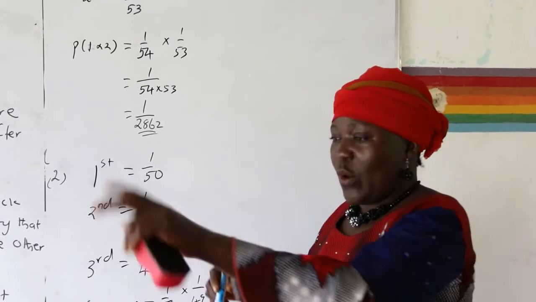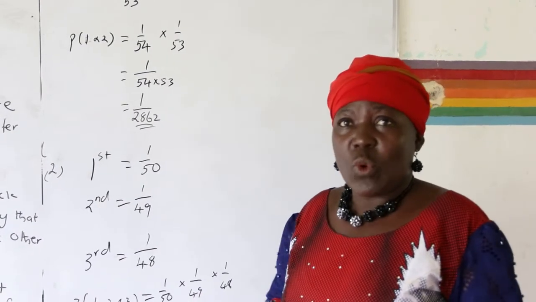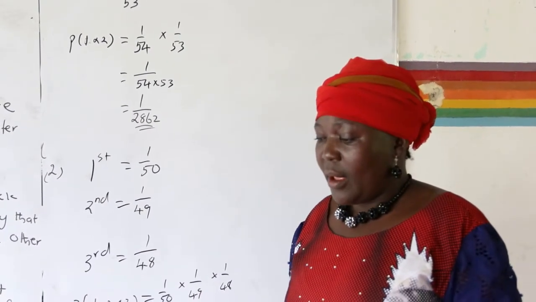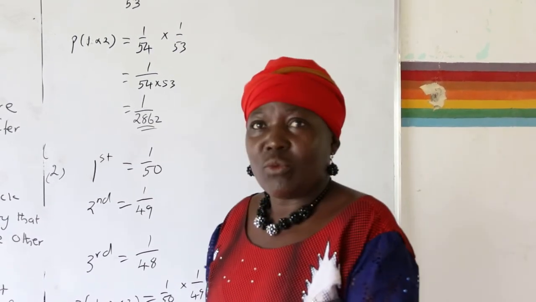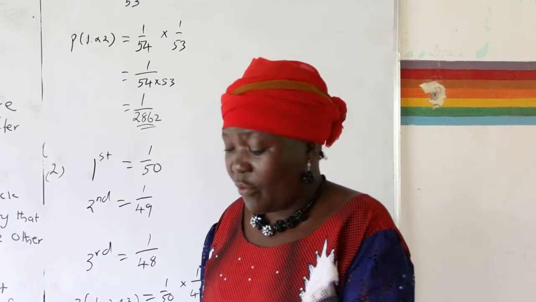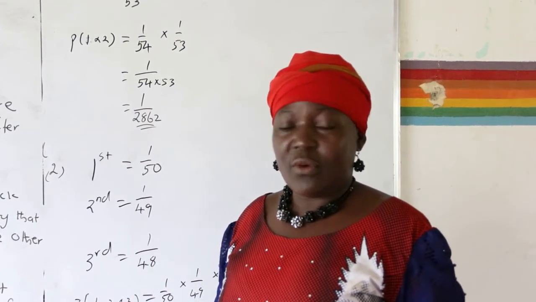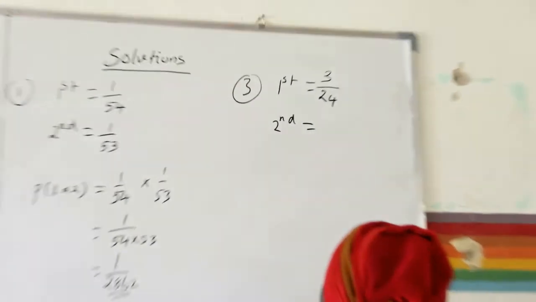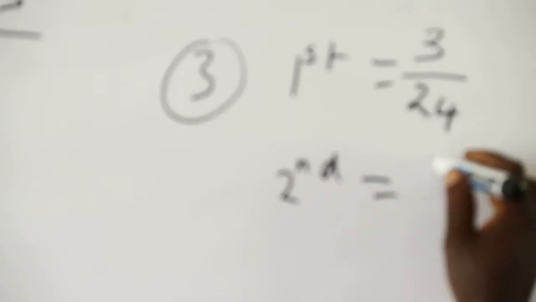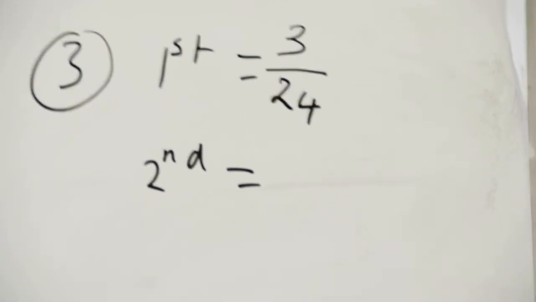We are not replacing it where we picked it. Now that we have removed 1, we are left with 23 instead of 24. So for the second picking, the pick is Sprite. How many of the Sprite? You have to count them first. In this particular crate, 5 of them.